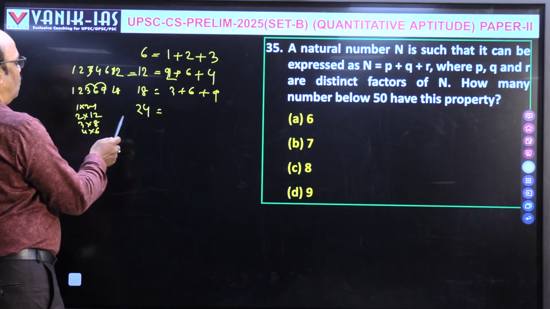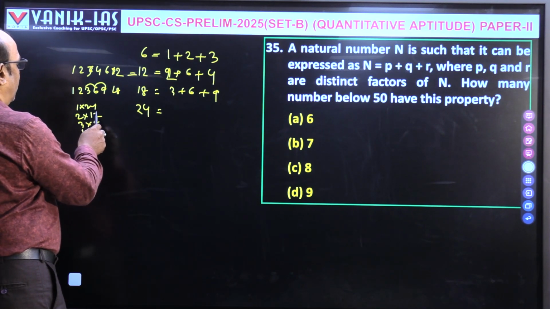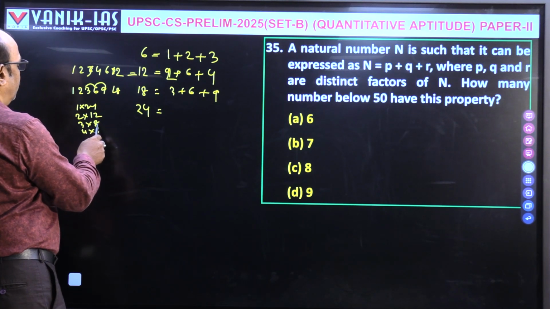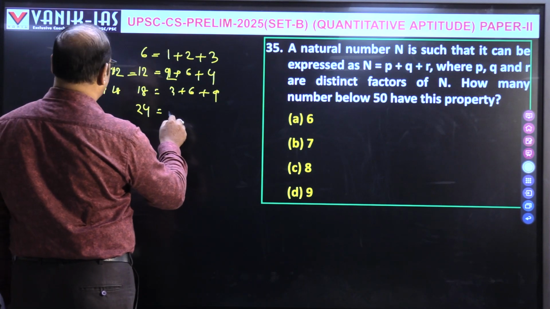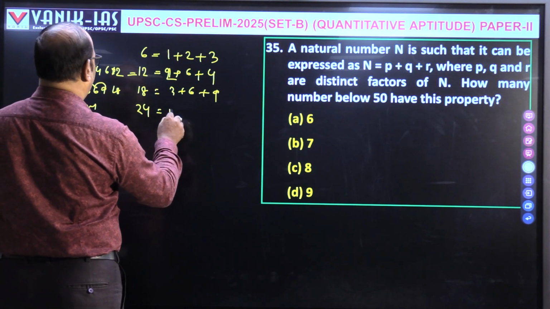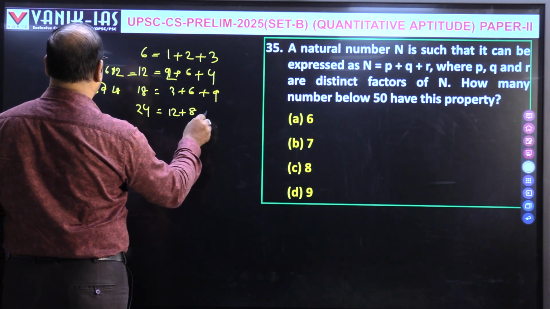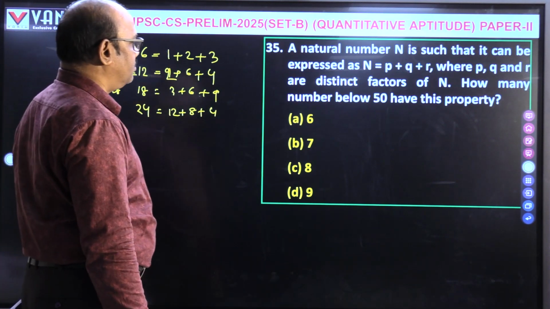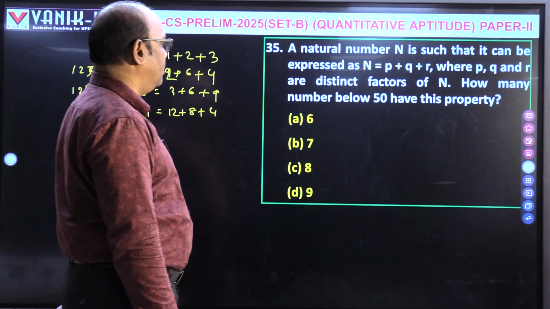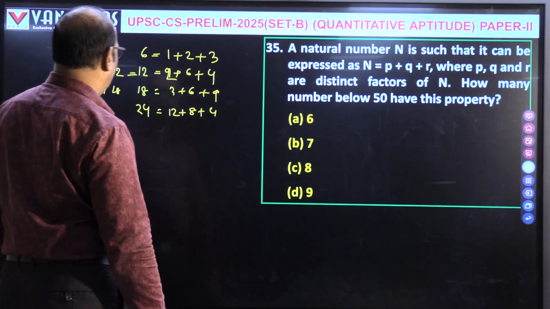So the addition for 24 becomes 12 plus 8 is 20, 20 plus 4. Distinct factors again, and below 50 you can write like this.